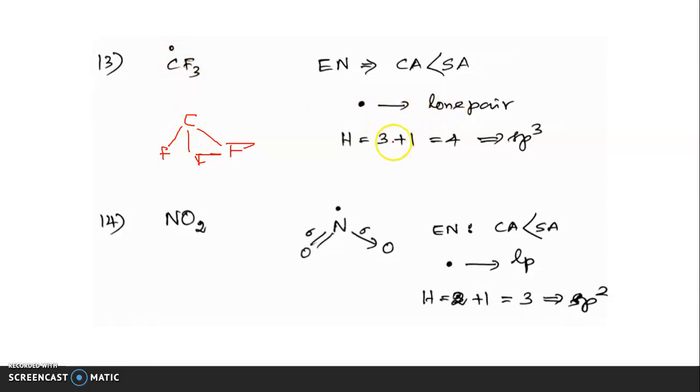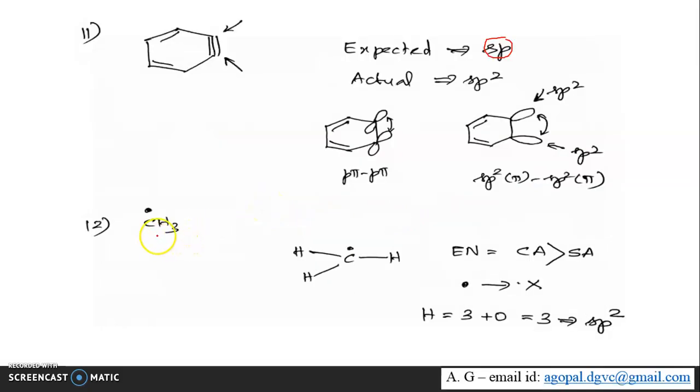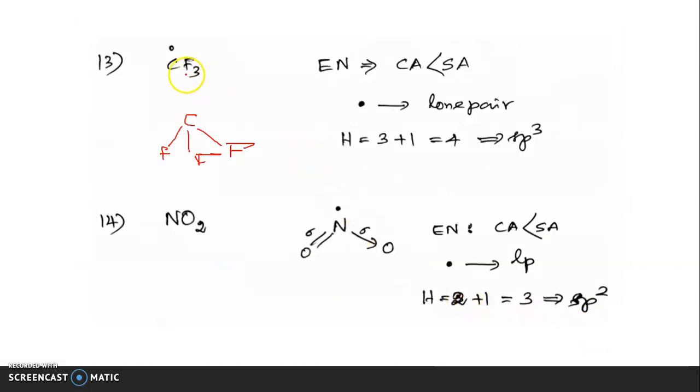Therefore H is equal to 3 sigma bonds plus 1 lone pair, so the answer is 4. Therefore the hybridization is sp3. So keep this in mind, methyl radical hybridization is sp2, whereas for CF3 radical hybridization is sp3. By making use of this idea, by comparing their electronegativity, it is easy to identify the hybridization of radicals.